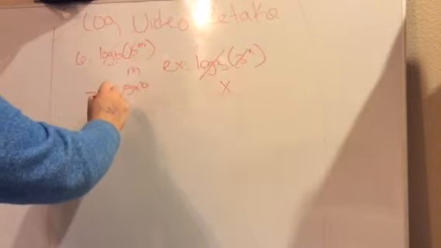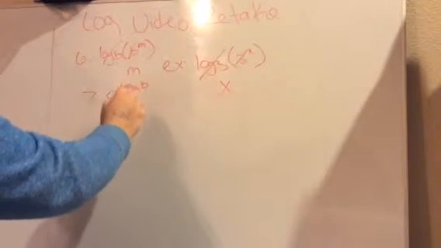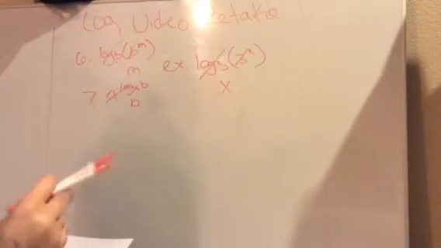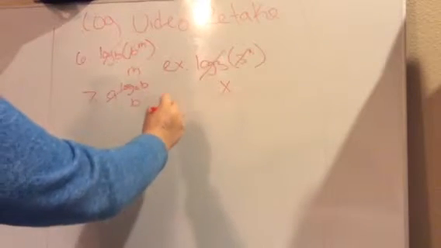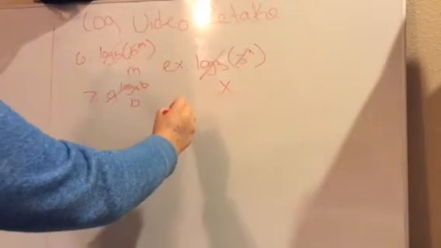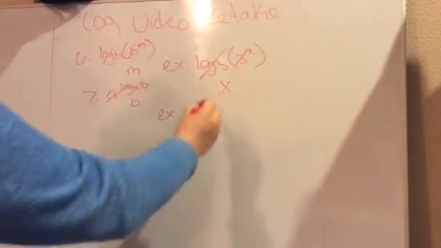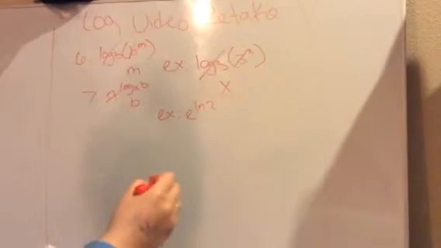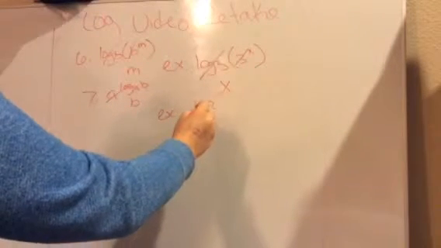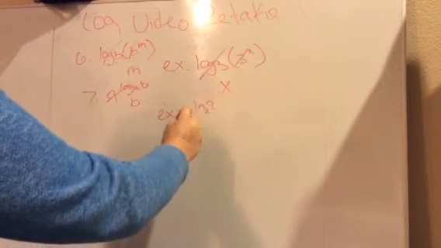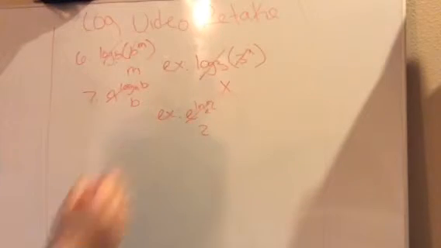So because these two bases are the same, they cross out and it'll just be b. An example would be e to the natural log of 2. Because natural log's base is also e, it would cross out and just equal 2.